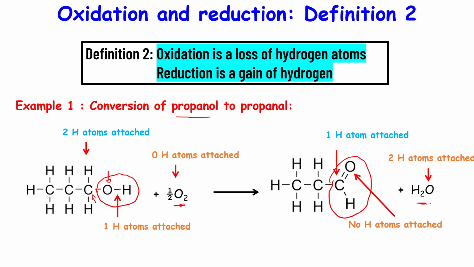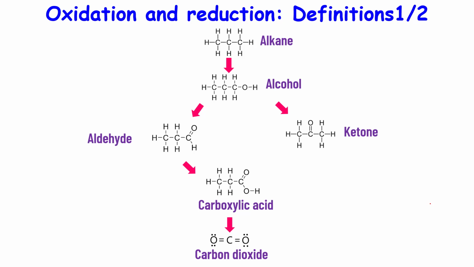Okay, so we've talked about 2 definitions, and just to push this point a little bit further and how this may show up in an organic chemistry class, if you look over here there are different functional groups of compounds. We start with alkanes, then we have alcohols, then aldehydes and ketones, and then carboxylic acid and carbon dioxide.